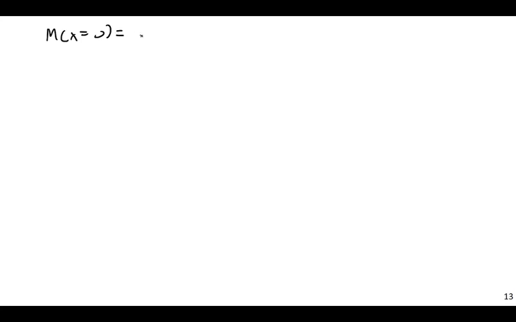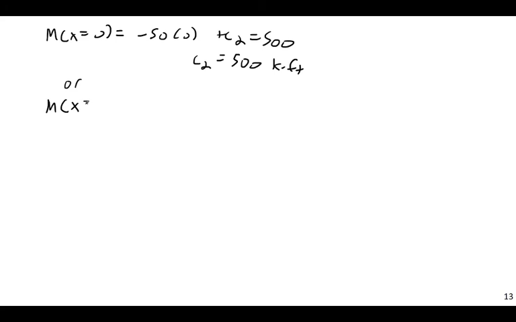Let me go through and show how that would work for both of these. So I could say M at x equals 0 equals negative 50 times 0 plus C2 equals 500, and then C2 is simply equal to 500 kip feet. Or I could say M at x equals 10 feet is equal to negative 50 times 10 feet plus C2 equals 0.